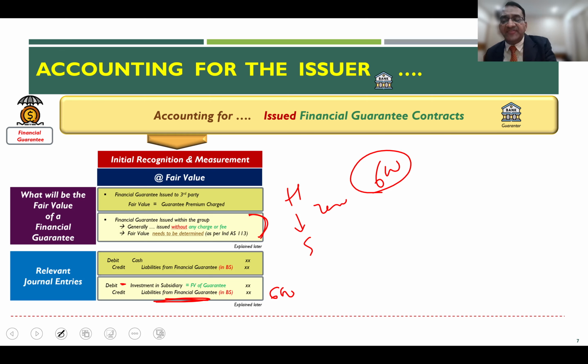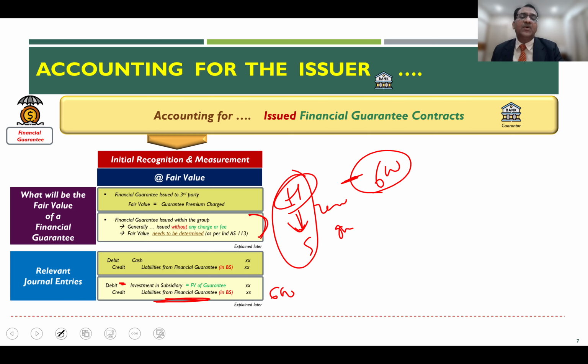So in this case, because there is a holding-subsidiary relationship, the debit can potentially go to, let's say, investment in subsidiary. It will be deemed that to the extent of 600 rupees, the holding company has made an investment in the subsidiary. Of course, equity share capital is not being issued. It is like other equity which is invested in the subsidiary company.